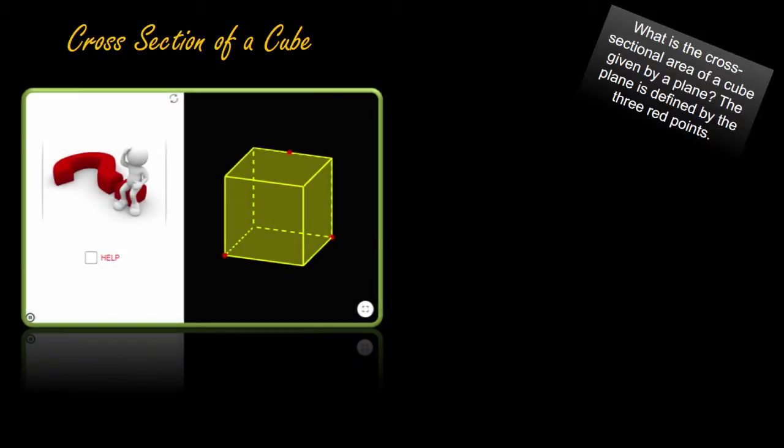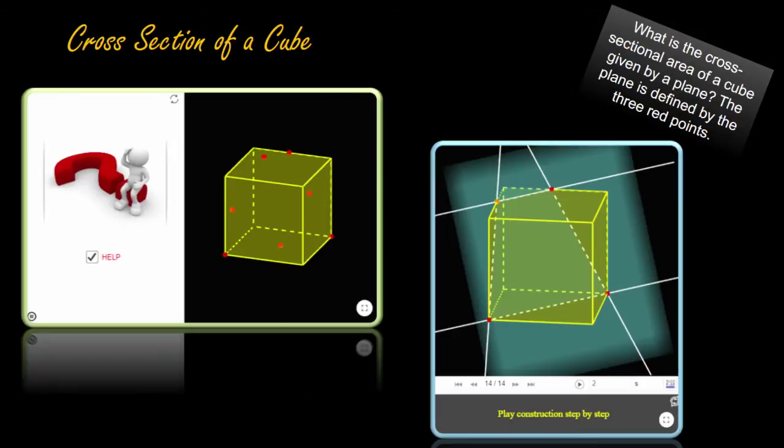In this applet, they can also observe some basic characteristics. When we ask them what the cross-section of the cube is, many of them at the beginning usually respond that it is a triangle. But when they use this applet, they can see that the triangle is not the correct answer, because with this help the point starts to move around the perimeter of the cube, and they can also play the construction step by step.